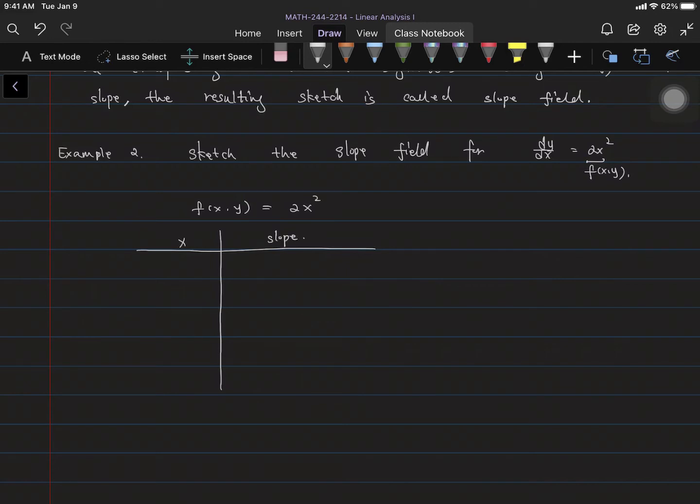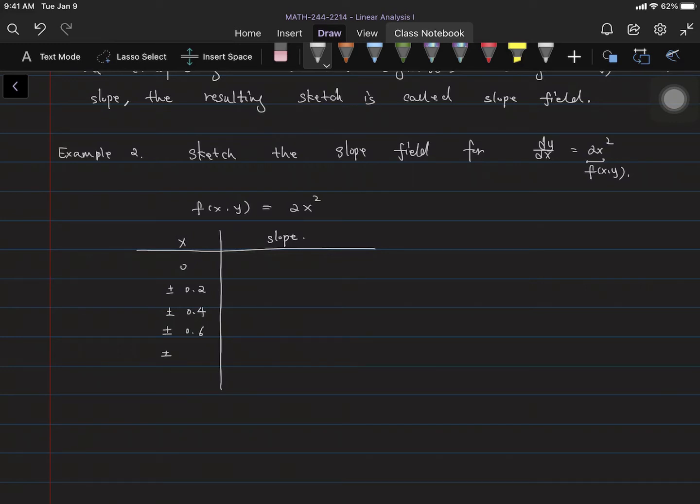So here we say slope. For x and y, because there's no y, we don't need to give a y value. So we just give x values. You can choose any numbers. This is just an example, so don't worry too much how we choose those points.